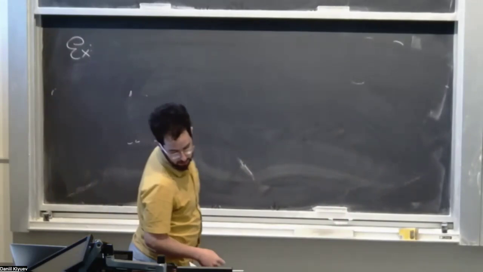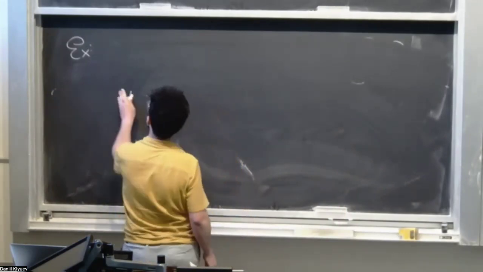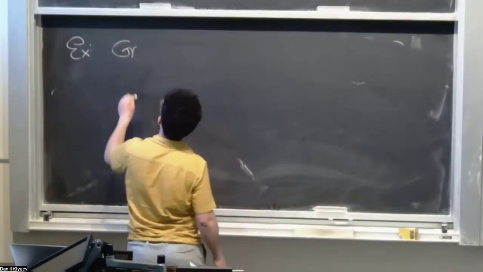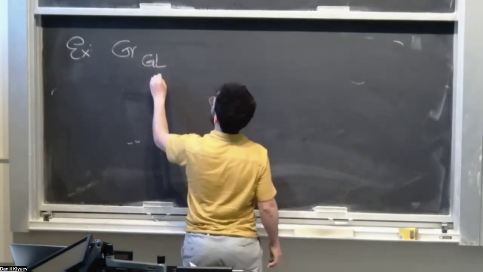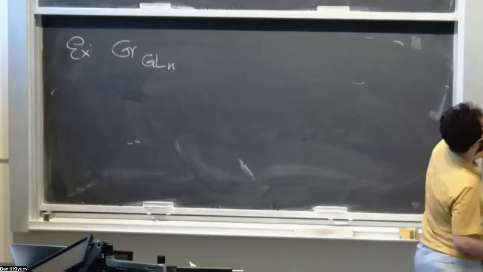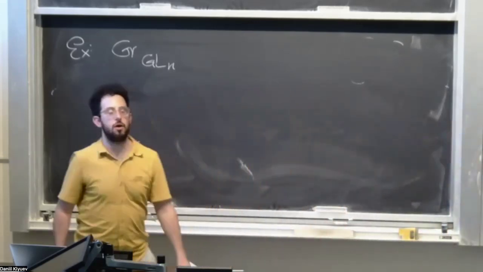Okay. So the Affine Grassmannian of GLN, and then I will do GL1. As I said, by definition it was a G bundle and a trivialization over the punctured disk.